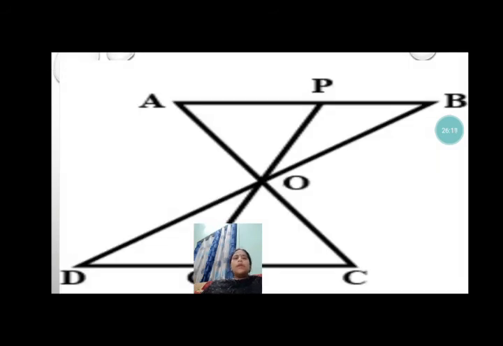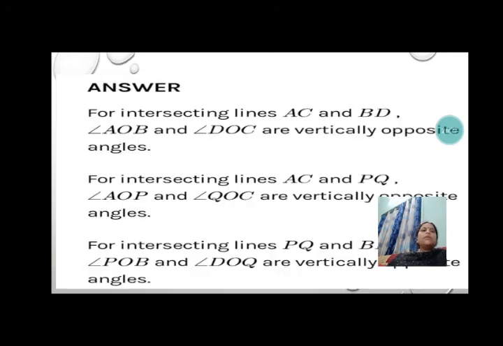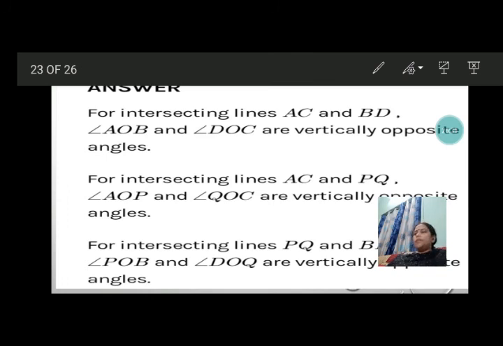Then one more figure. In this also you have to find out the vertically opposite angles. For intersecting lines AC and DB, you can see that the intersecting lines have one common point O over here.